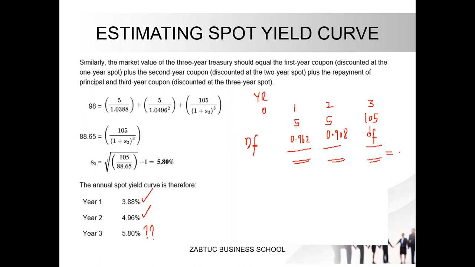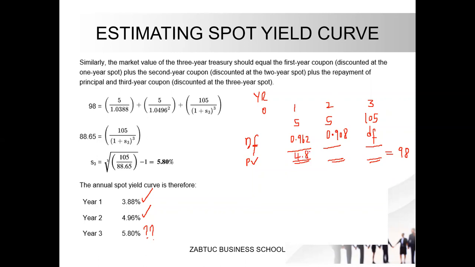When we add all these, they must give us how much? 98. So let's put in the present values now. The first one, 5 multiplied by that, what do you find? 4.81.